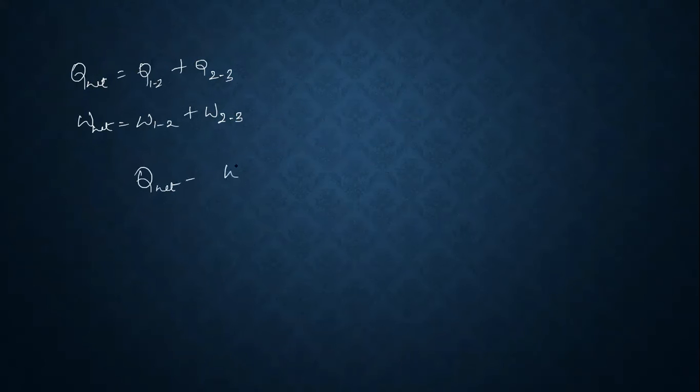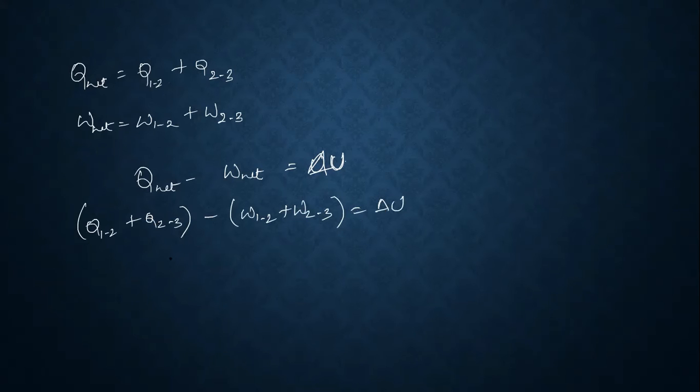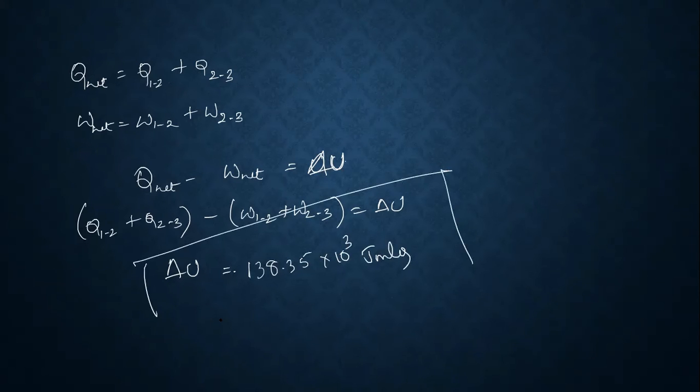Now Q net minus W net is equal to the final change in the internal energy, delta U. Therefore, Q1 to 2 plus Q2 to 3 minus W1 to 2 plus W2 to 3 is equal to delta U. Therefore, for the total internal energy change we will get around 138.35 into 10 to the power of 3 joules. This is the net internal energy.